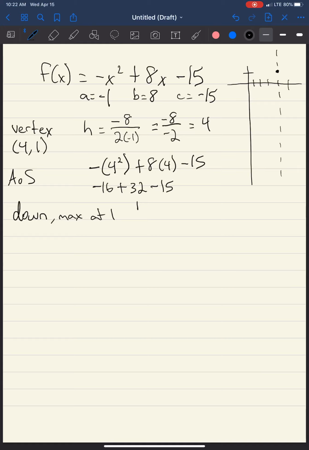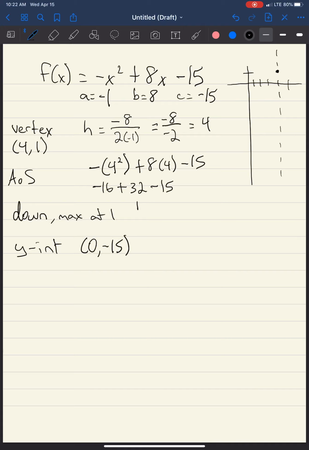So now what we can do is do our y-intercept. Now, the y-intercept's easy. We just said 0, comma, and then whatever c is equal to. So now my y-intercept is going to be 0, comma, and then my c value is negative 15.